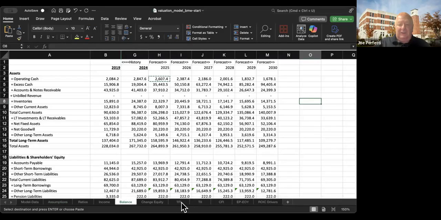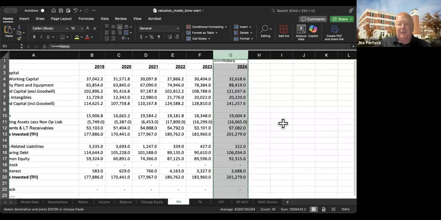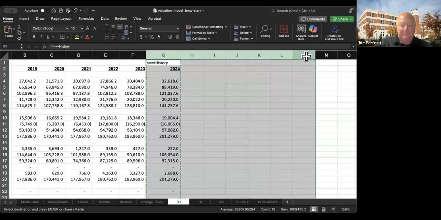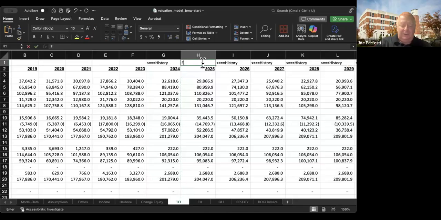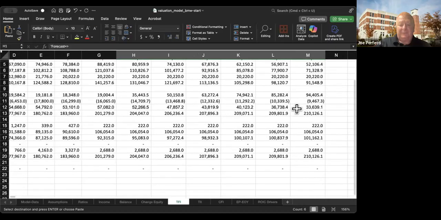We will then go to the TFI. We'll select column G, copy it, go to column M, paste it. And we now have, change this word to forecast, 6 years of forecasted and balancing TFI based on those forecasted statements for BMW that balance.